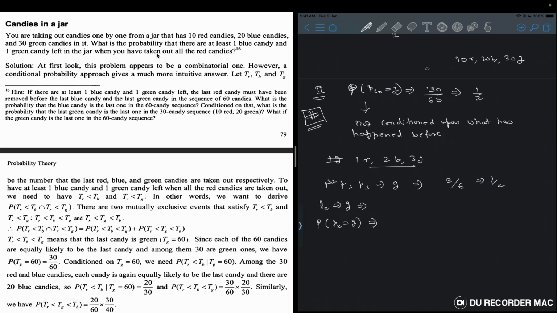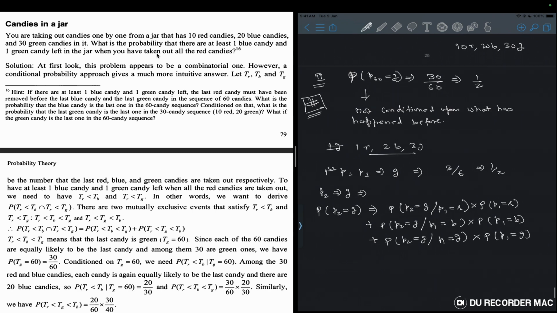So using Bayes' theorem, I can write this as the probability that position 2 is green given that position 1 is red times the probability that position 1 is red, plus the probability that position 2 is green given that position 1 is blue times the probability that position 1 is blue, plus the probability that position 2 is green given that position 1 is green times the probability that position 1 is green. So it's basically the event E conditioned upon all the possible scenarios.